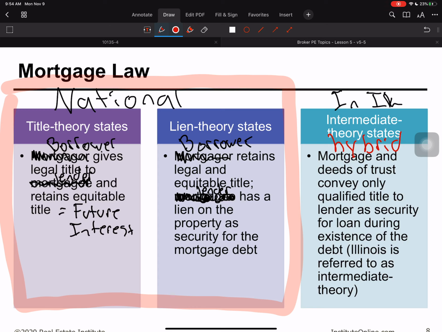Mortgage and deed of trust convey only qualified title to the lender as security for the loan during the existence of the debt. Illinois is referred to as an intermediate theory state. So on the exam, when we get asked the question on the state portion, we can clearly state that it's an intermediate theory state.